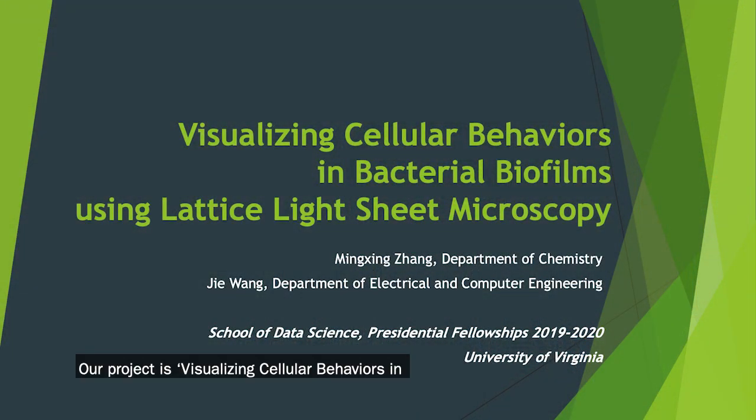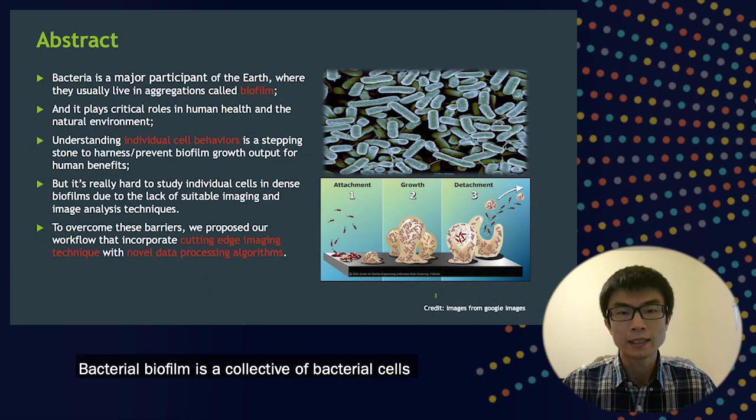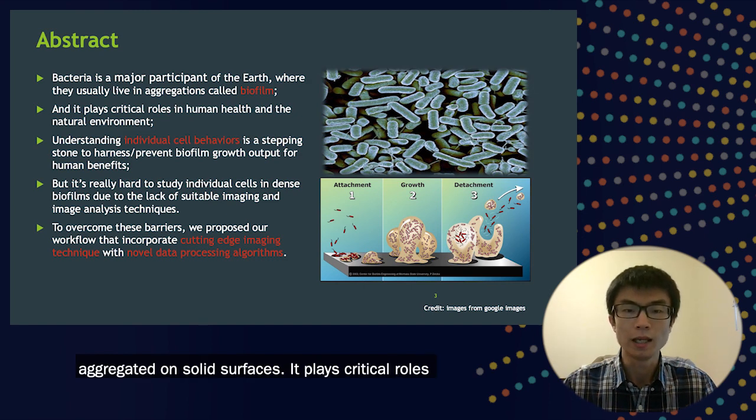Our project is visualizing cellular behaviors in bacterial biofilms using Lattice light sheet microscopy. A bacterial biofilm is a collective of bacterial cells aggregated on solid surfaces. It plays critical roles in human health and the natural environment.